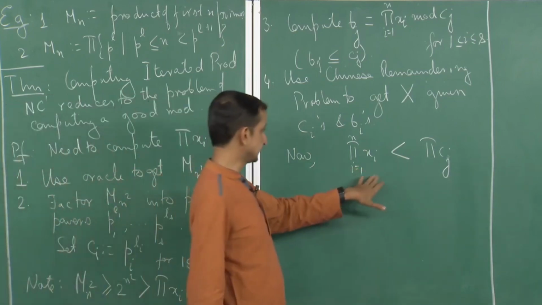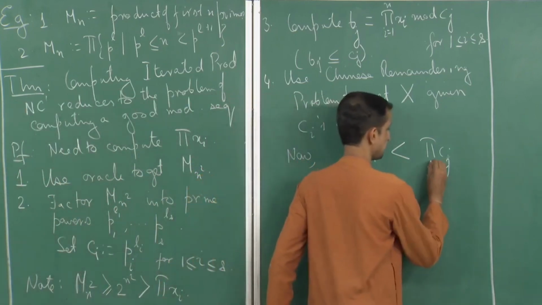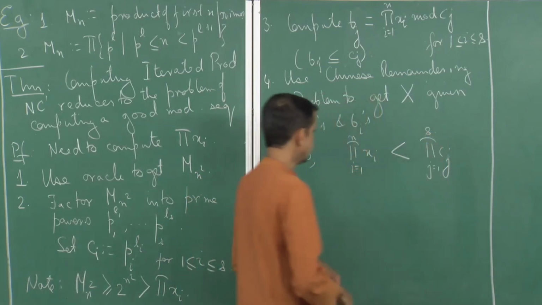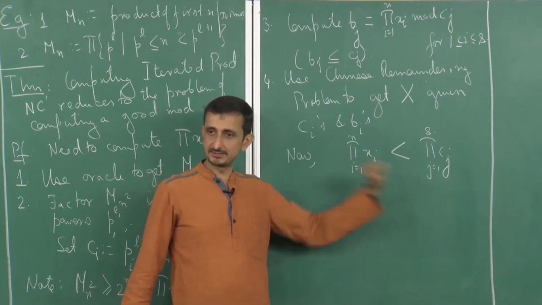And mn square is equal to the product of Cj, j going from 1 up to s. Therefore, the product of xi is less than this product, correct. So, this is one condition that is satisfied.